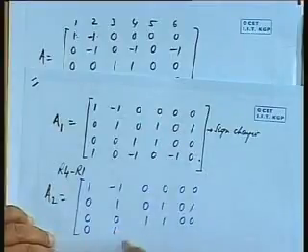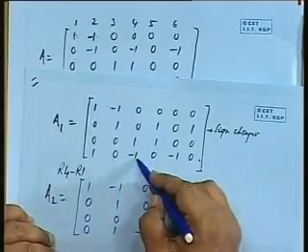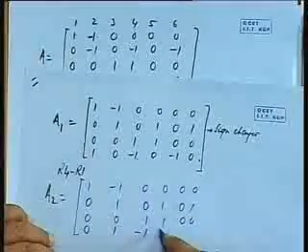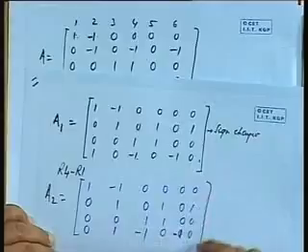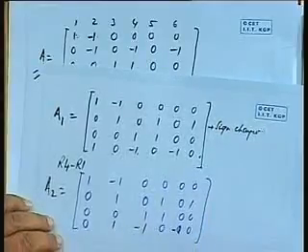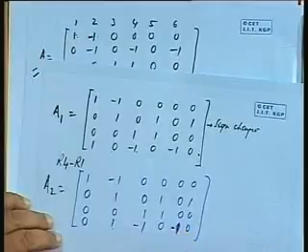Is that all right? Yeah, 1. Then 1, minus 1, minus 1, then 0 0, sorry, minus 1 0. Is that okay? 1 minus 1 0 minus 1 0.